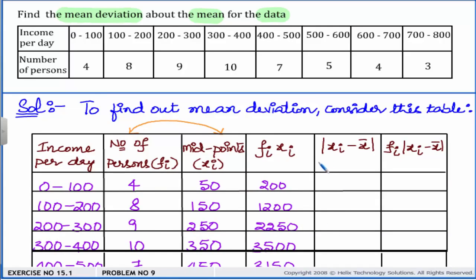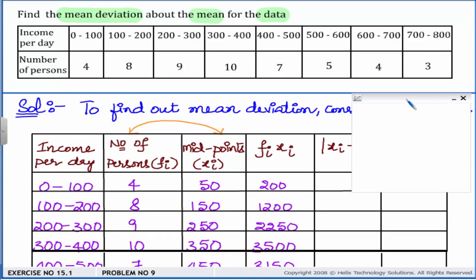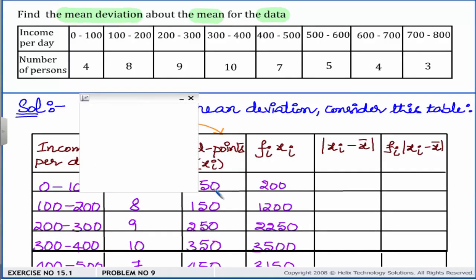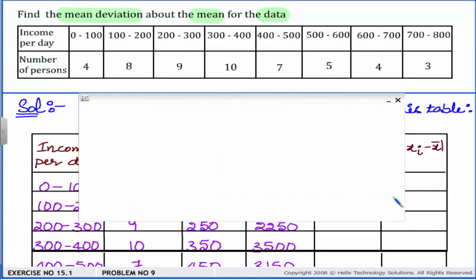Now let us find out the absolute values of the deviations from the mean, that is modulus of xi minus x bar, where x bar is the mean. For that sake, we need to calculate the mean of the data. Now before going to find out the mean, let us find out the sum of the frequencies.